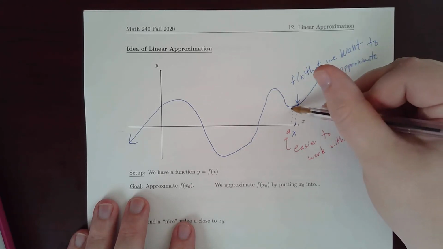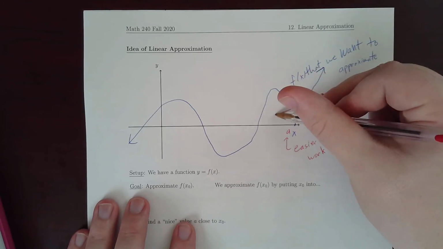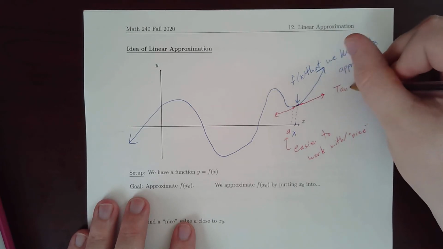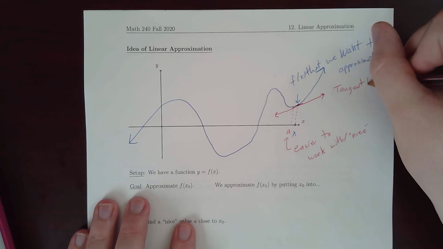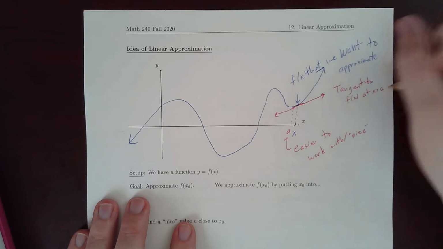And what we'll do is find our equation for our tangent line. So this is the tangent to f of x at x equals a.